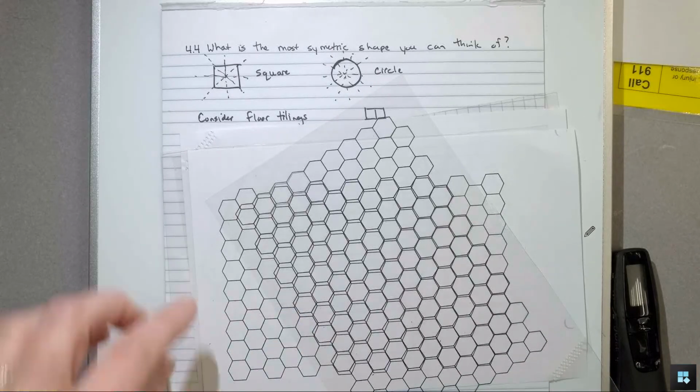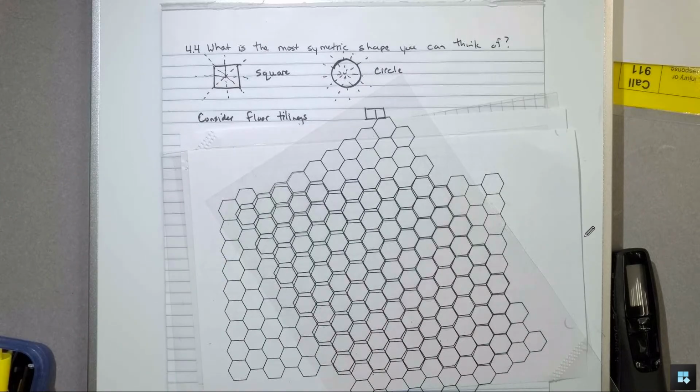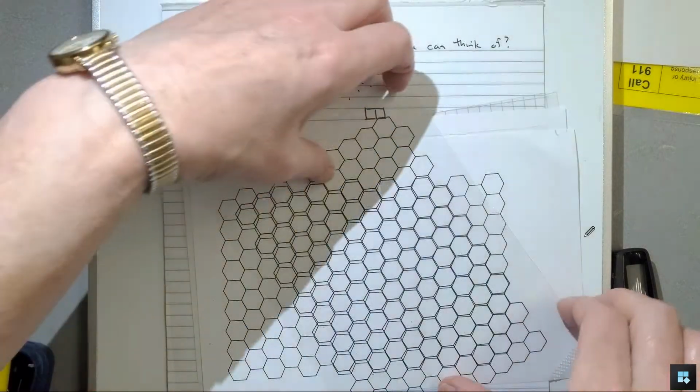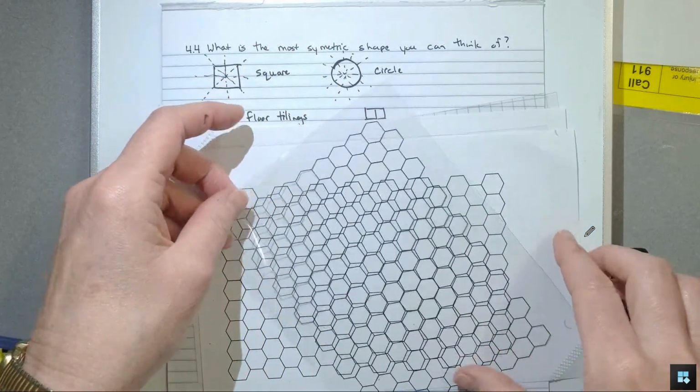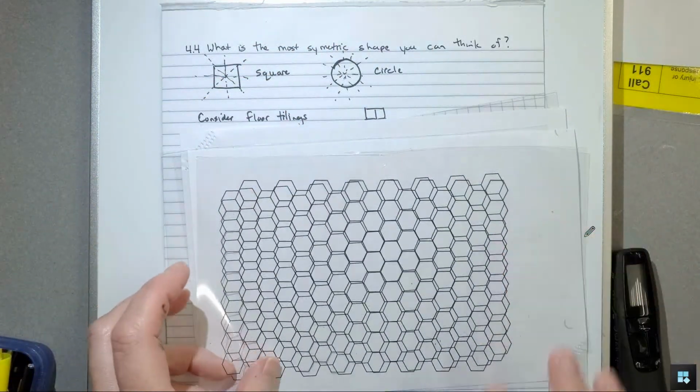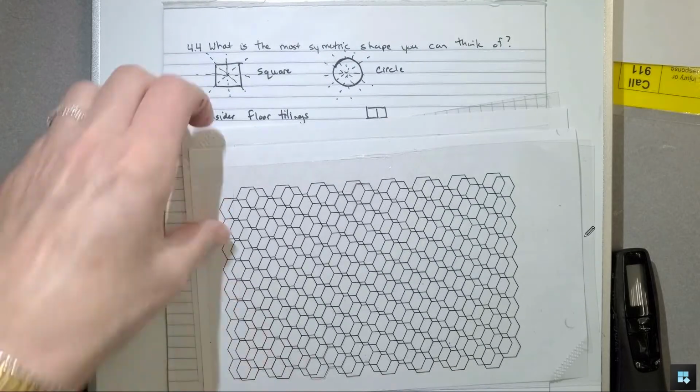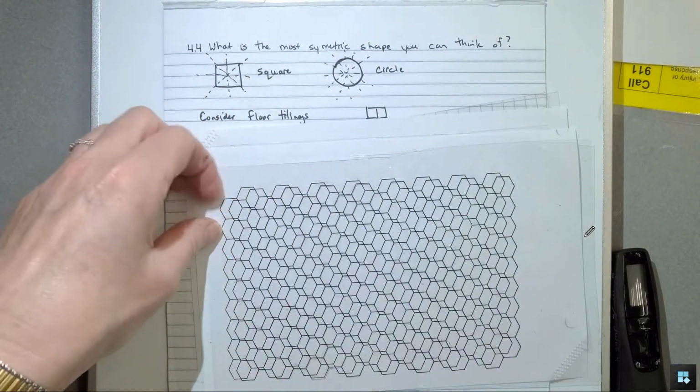Okay, so this has a rotational symmetry in the plane, and then you can also shift it up or down or left or right, or you can flip it. Okay, so this one has lots of different symmetry going on.